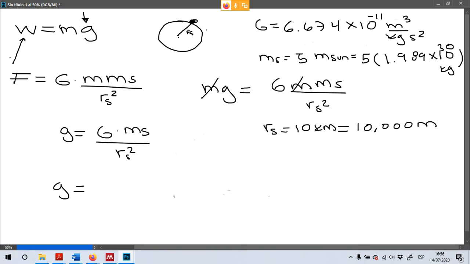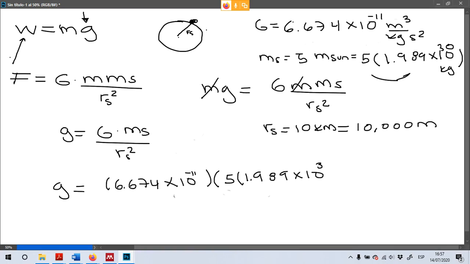See? 6.674, multiplied by the mass. Here you can make the multiplication by 5, or you can just substitute it here in the calculator. And it is important that when you use this, don't forget to square the radius.